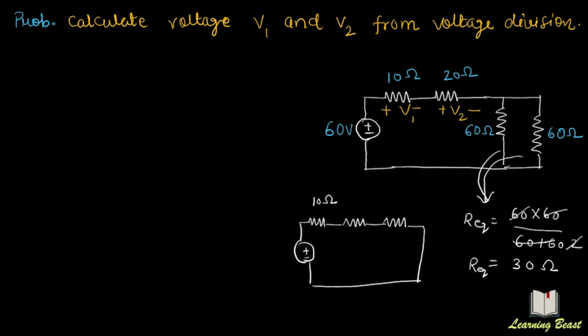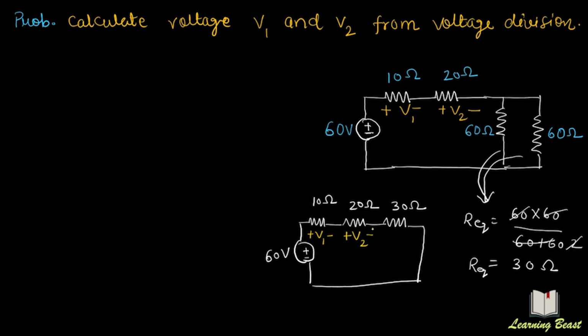The value of this resistor is 10, this one is 20, and this one is 30 ohm. The value of the voltage source is 60 volt, whereas the voltage across this resistor is V1, and the voltage across this resistor is V2.